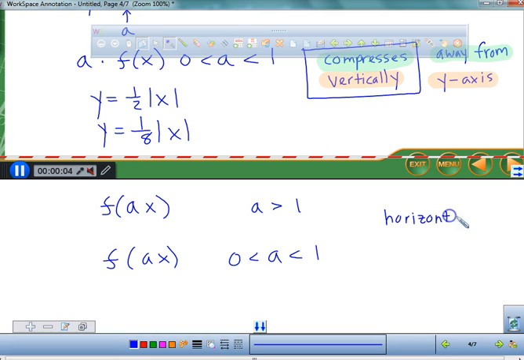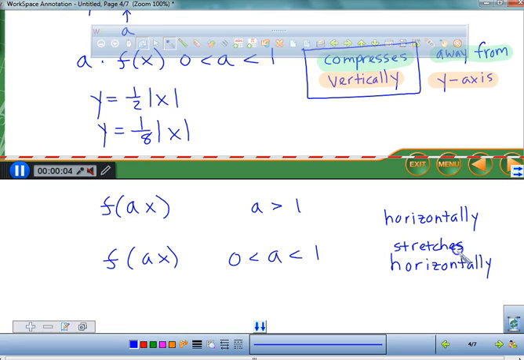Now, what do we call something that's going towards the x-axis? What word do we say going towards? Stretch. So if the a value is a fraction, that means it's going to be stretching.